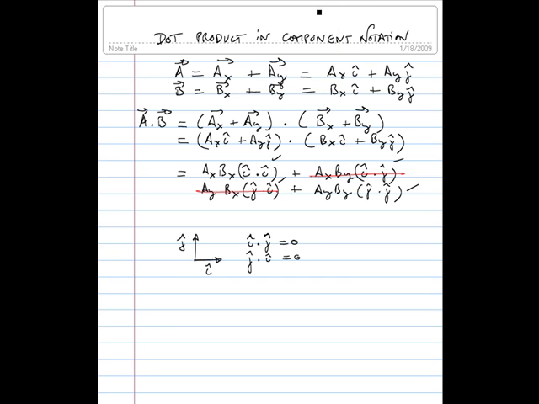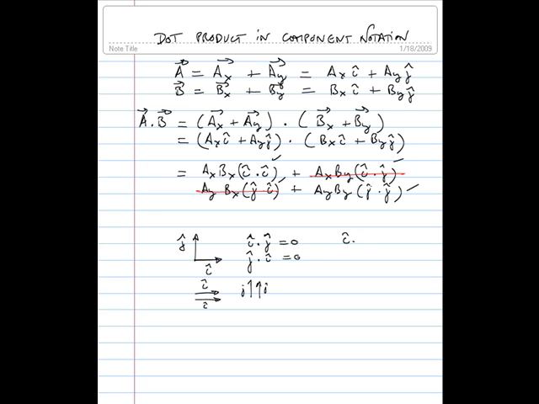Similarly, I will need to calculate i dot i and j dot j, which will be the case where i and i, or j and j, are two vectors parallel to each other and in the same direction. Therefore, the dot product will take its maximum value. The angle between the two vectors is 0, the cosine is 1, therefore i dot i is magnitude of i, which is 1, times magnitude of i, which is 1, times the cosine of 0, which is 1.